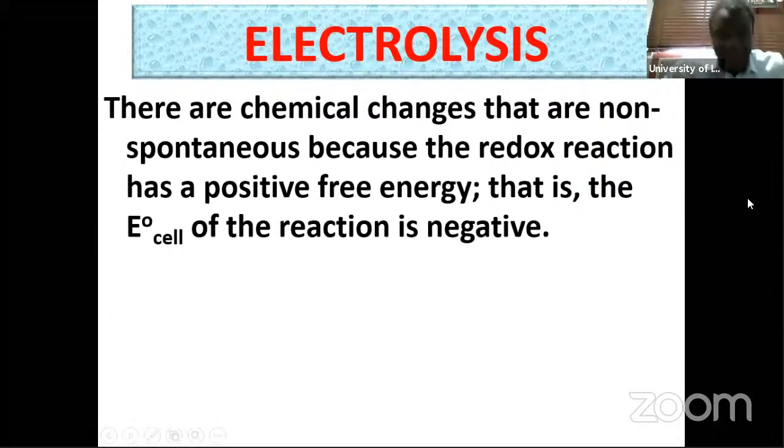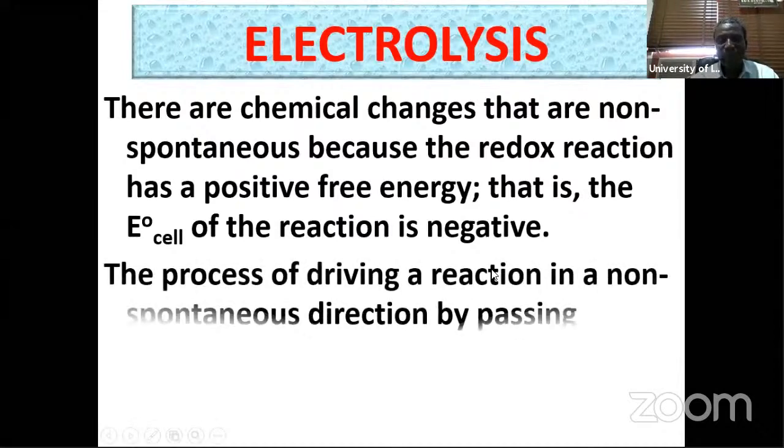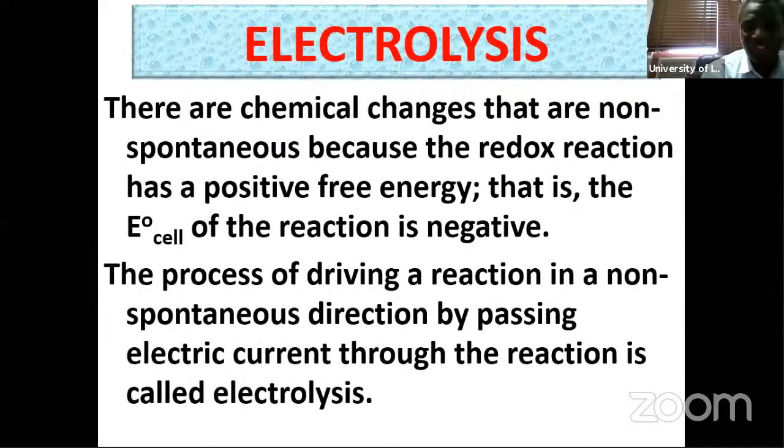has a positive free energy. Positive free energy means that the reaction is not spontaneous, and that means the E cell for such a reaction is negative. Under such a condition, you have to apply electricity to provide a driving force, a movement of electrons.